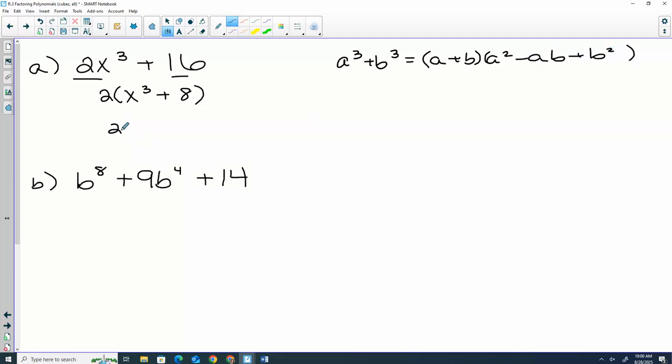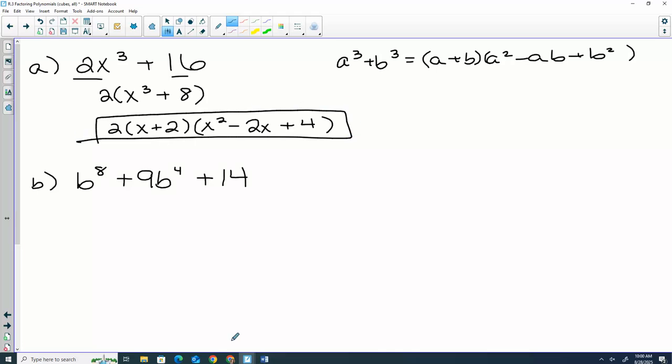So the 2 just stays. A plus b, so this would be x plus, what to the third power is 8? 2. All right, first one squared, so x squared, minus first times last is 2x, plus the last one squared, 2 squared is 4. And that would be our answer.